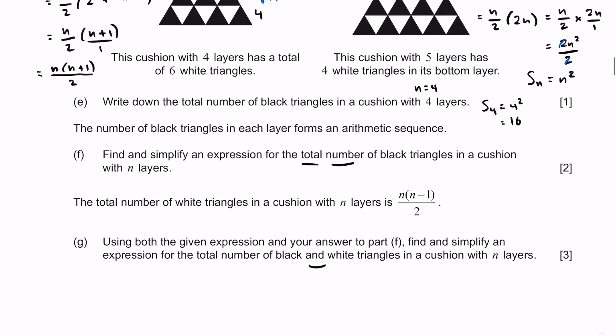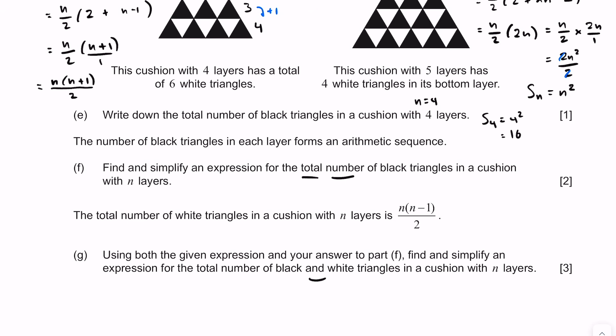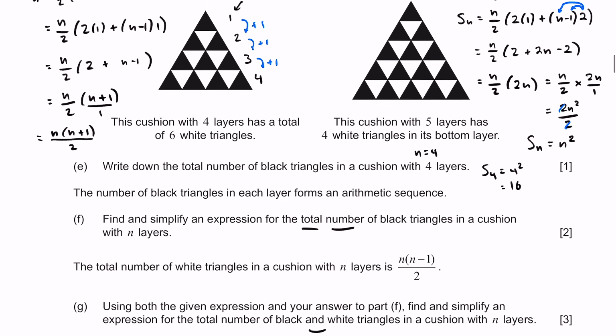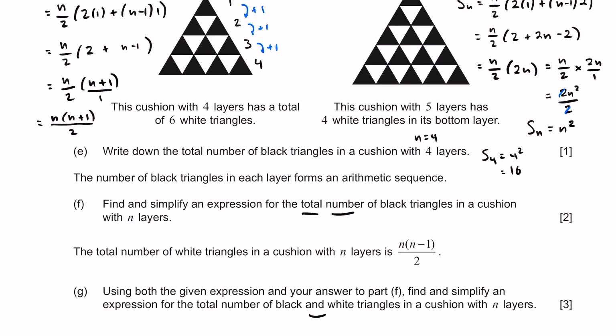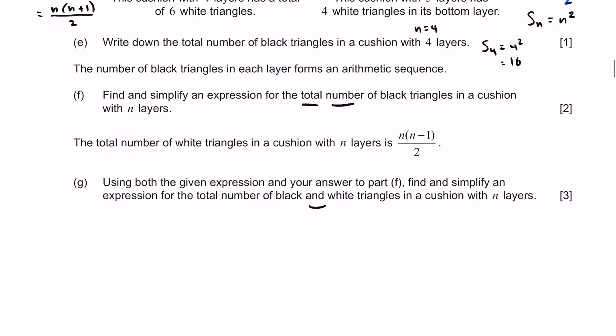We already know an expression for the total number of black and white triangles, because that's just the total number of triangles, and that's equal to n squared. So we know the endpoint of what we should get when we add these two together, the number of black plus the number of white triangles, which should equal n squared. Let's set this up.